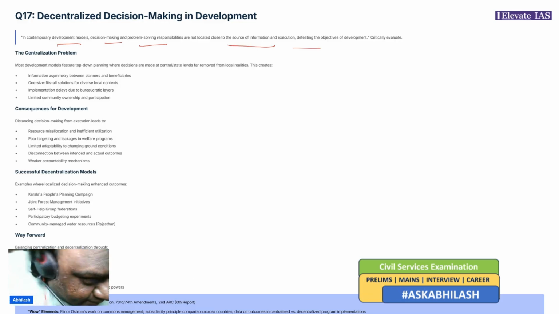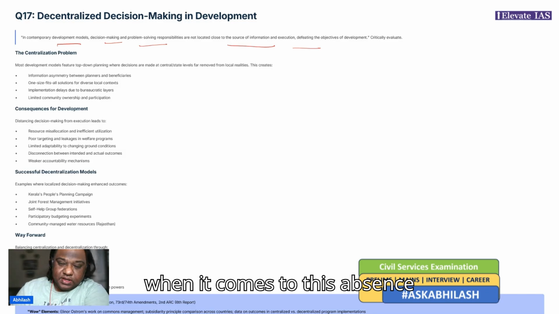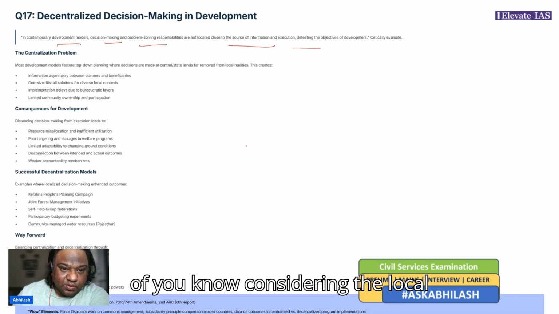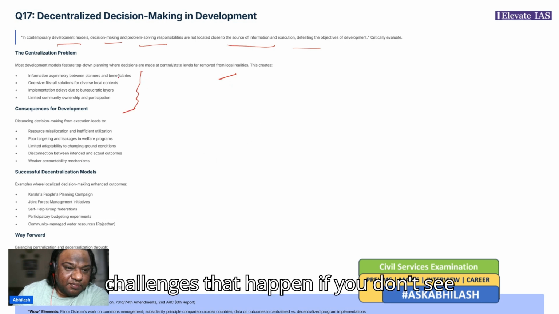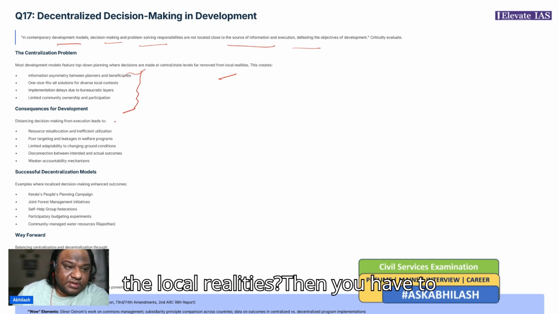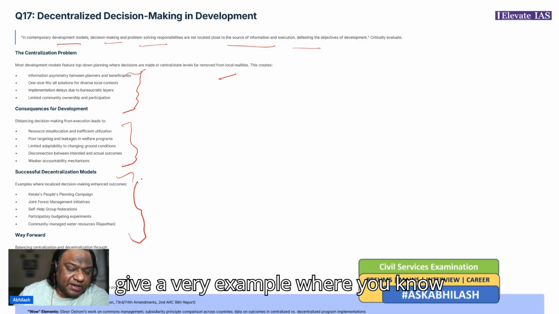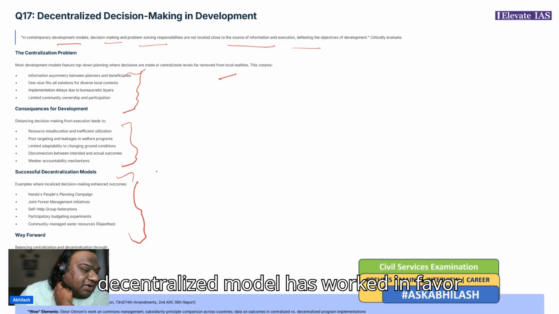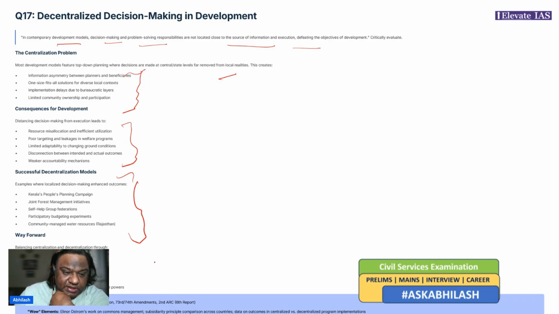So when it comes to this absence of considering local realities, what are the challenges that happen if you don't see the local realities? Then you have to give the consequences. Then you give an example where a decentralized model has worked in favor of a particular state or resource, and then what can be the bridge between these two.